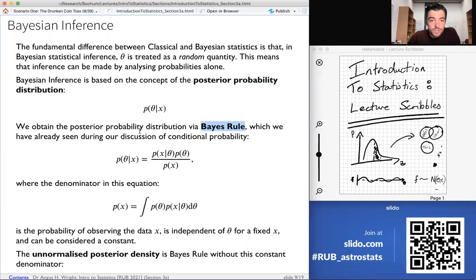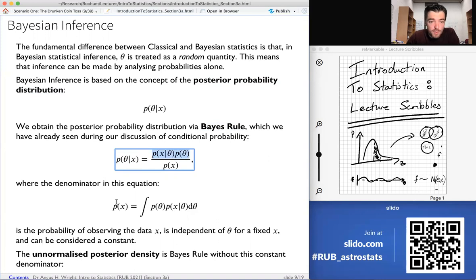Bayes' rule, or Bayes' theorem, which we've already seen, is defined as: the posterior probability, P of theta given x, is equal to the likelihood, P of x given theta, times P of theta, divided by P of x.